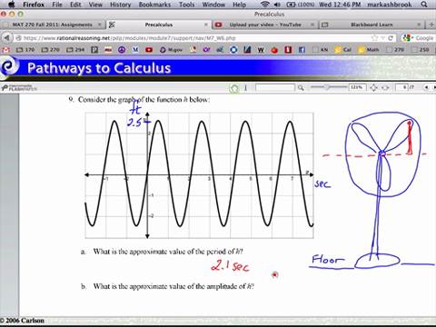Okay, so here's this word amplitude. There are some terms we want to define. Let's start with the max. The high point of the graph is called the max. The low point of your graph, wherever it reaches, is called the min.